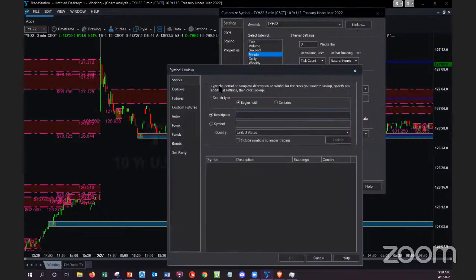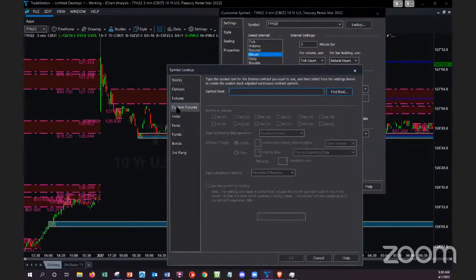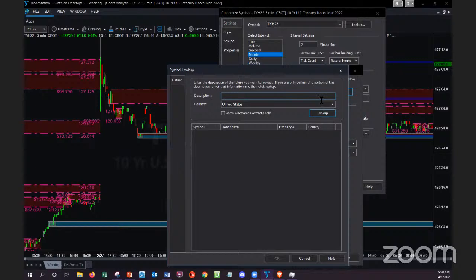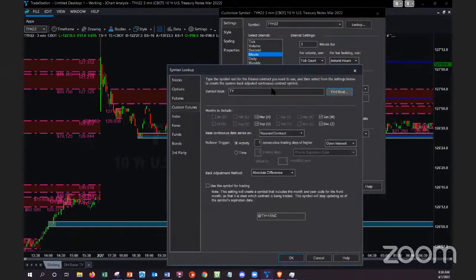Let's just go through this lookup again. Go custom futures. We want TY. Find root. Okay, so we don't need that. We got it there. TY. We want the nearest contract, and we want 1 consecutive days. Let's do 2 consecutive days, and we're going to do volume.